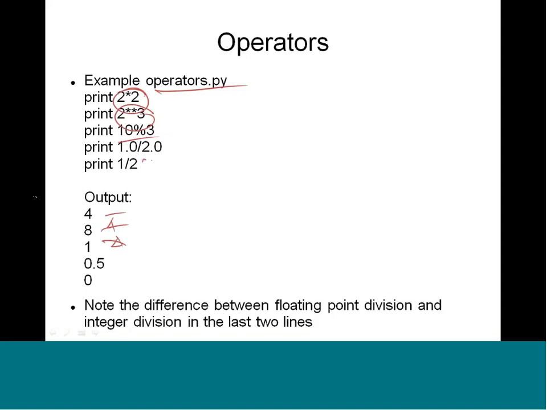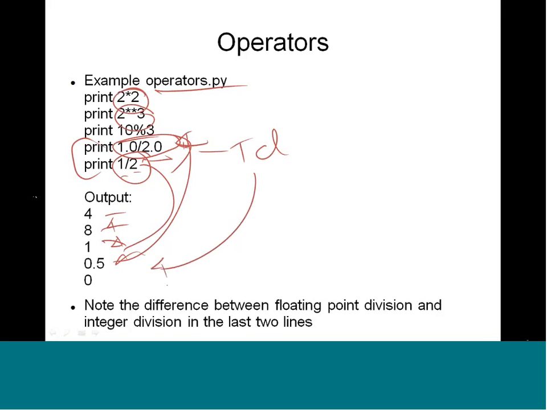Now if you print 1.0 divided by 2.0, this is something that we saw in Tcl. This is a floating point, so the result is 0.5. But if you do 1 divided by 2, that's still treated as integers, so the result is 0. This is exactly the same as what we saw in Tcl, so in that sense it behaves like Tcl.